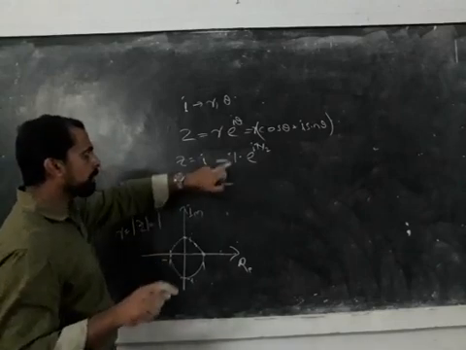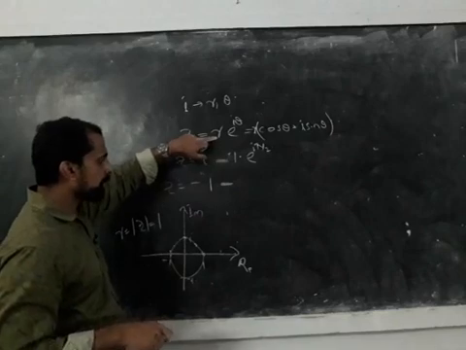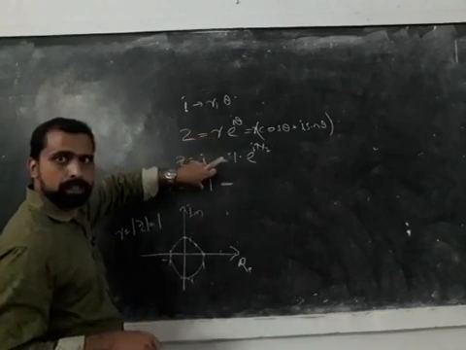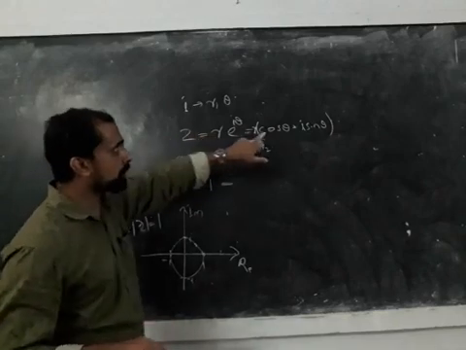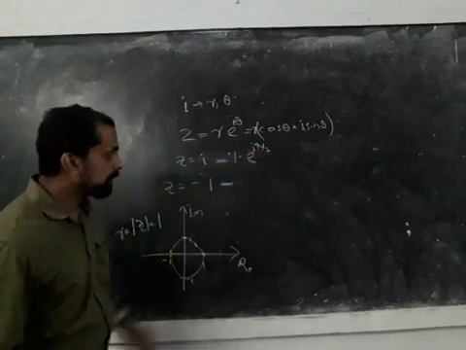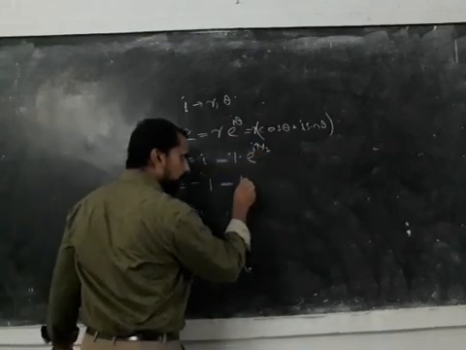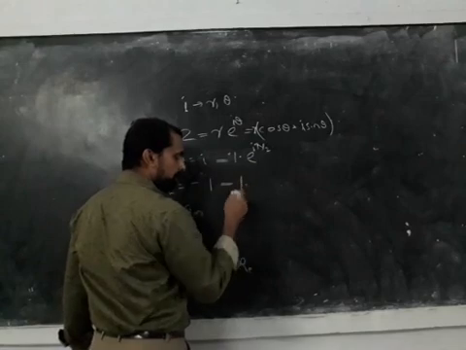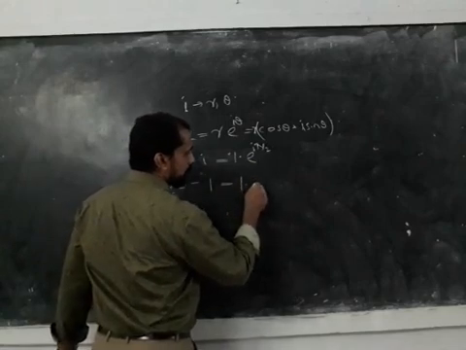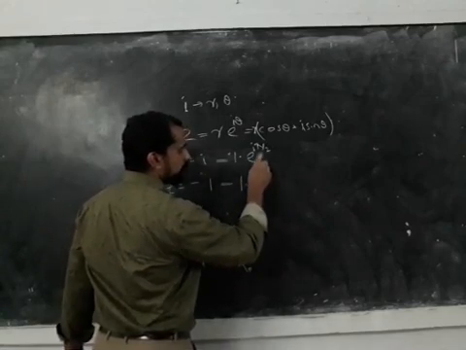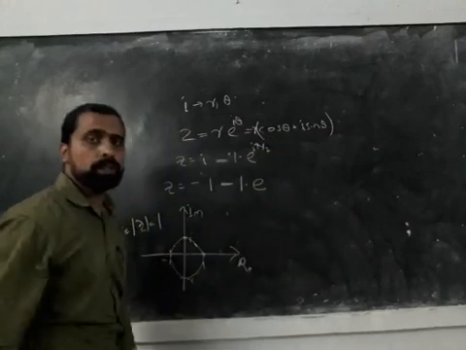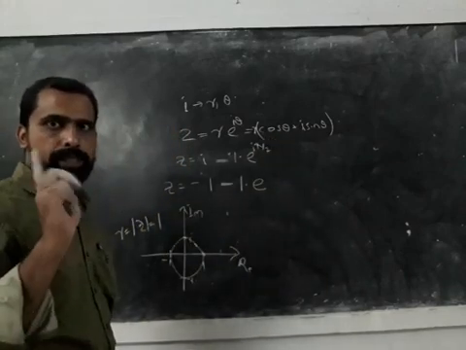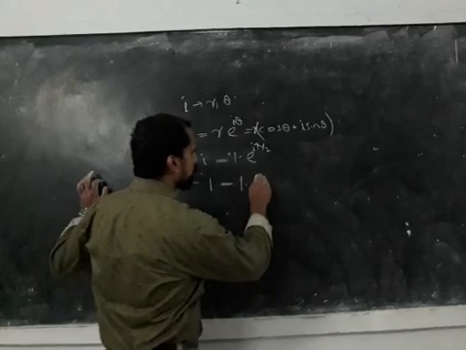Okay, so here r is 1, then where does the minus come from? Minus should come from this cos theta, isn't it? So the magnitude is 1 into e raised to what? Cos 0 is 1, cos pi is minus 1.